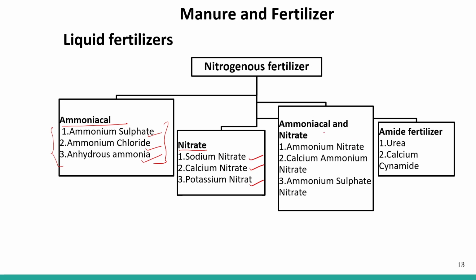Ammonical and nitrate, so both are present: ammonium nitrate, calcium ammonium nitrate, ammonium sulfate nitrate, right? Amide fertilizer: urea and calcium cyanamide are the two examples for this. So this is all nitrogenous fertilizer.